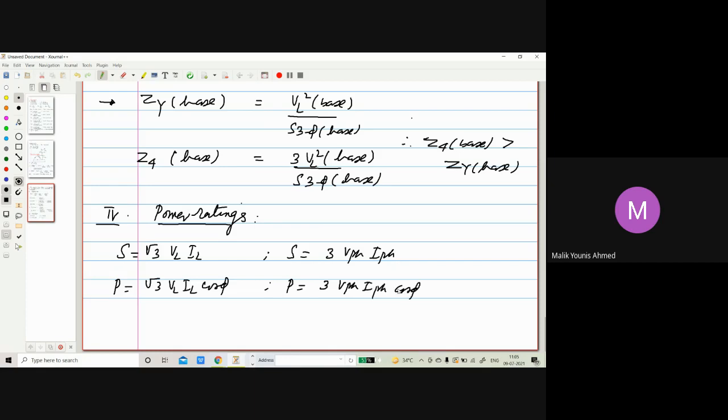I'm just repeating them. And then finally, we have reactive power, Q, which is 3 V phase I phase sine of phi. So let me add the page now.